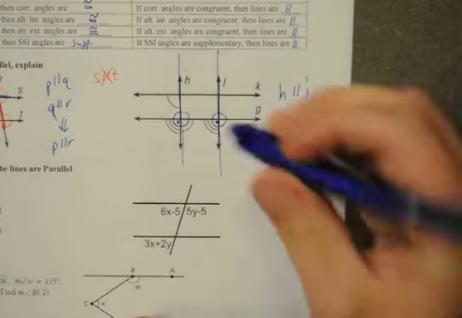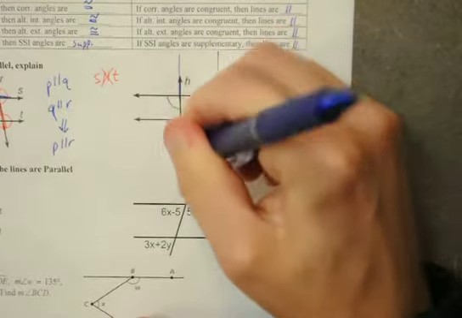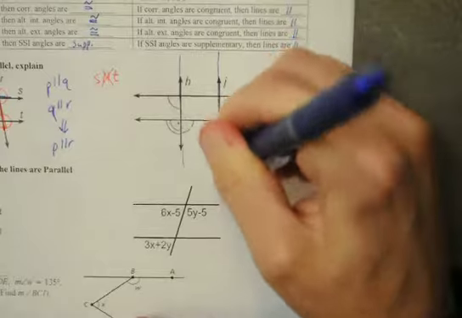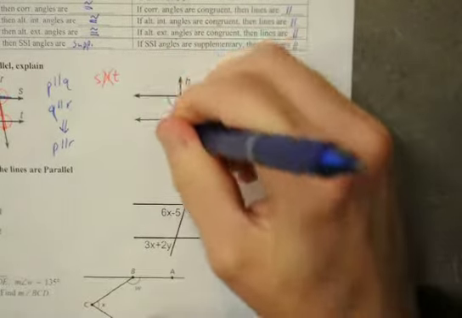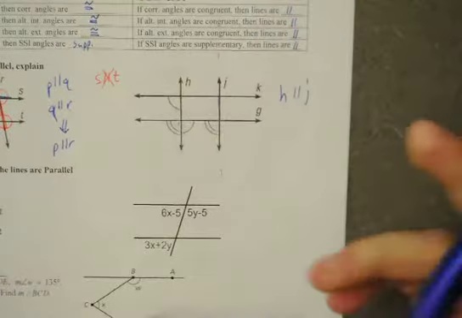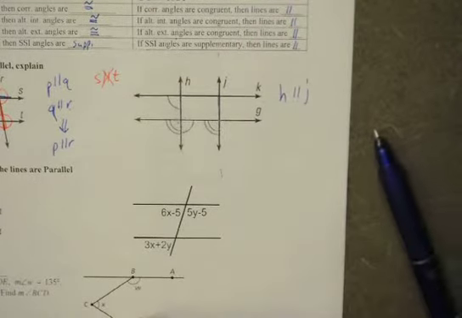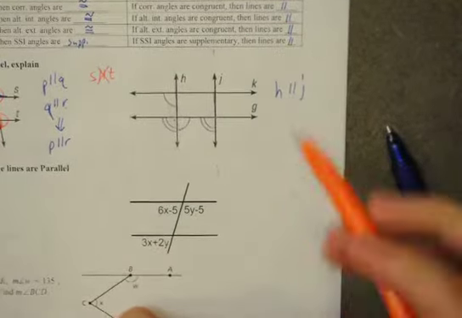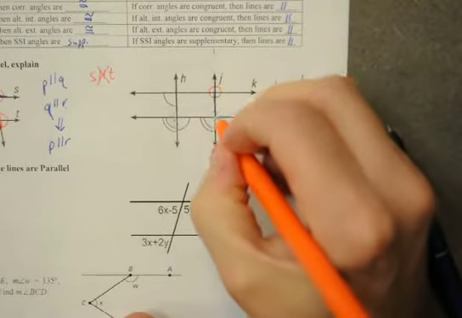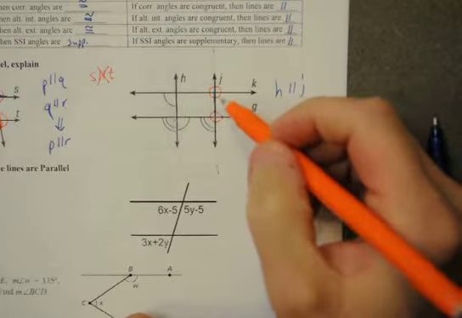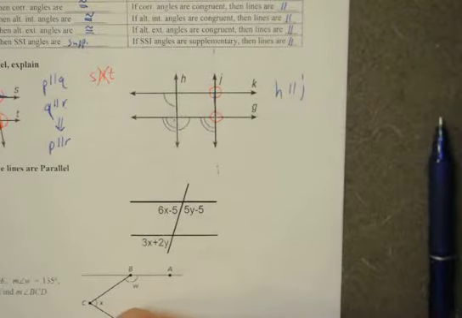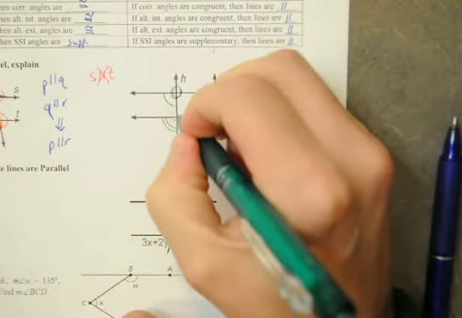Alright, now let's look at K and G. Alright, so for K and G, does this cluster translate to this cluster? Is there any information about these two? Nope. Does this cluster translate to this cluster?